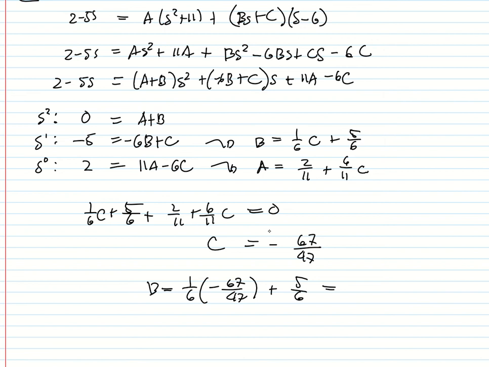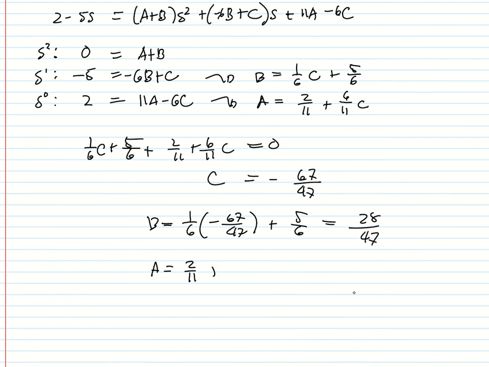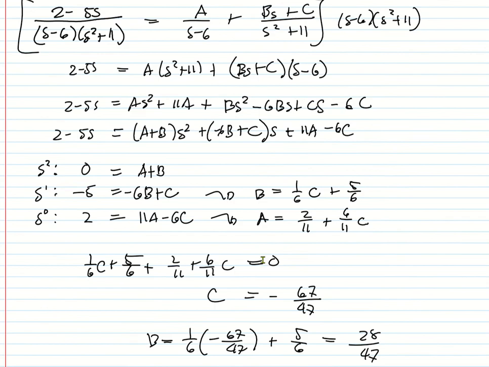So our b now will be equal to 28 over 47. Then for a, 2 over 11 plus 6 over 11 times c. C is negative 67 over 47. Then this will be equal to negative 28 over 47. Then we substitute this into our equation here.